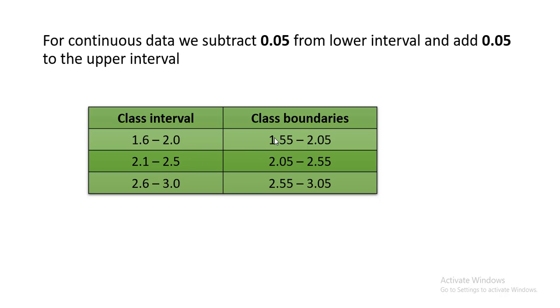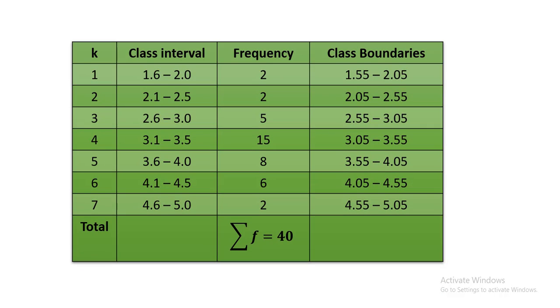Repeating this process gives me values 1.55 to 2.05. Then the class boundary of the second class starts at 2.05 to 2.55, and this is the complete chart.